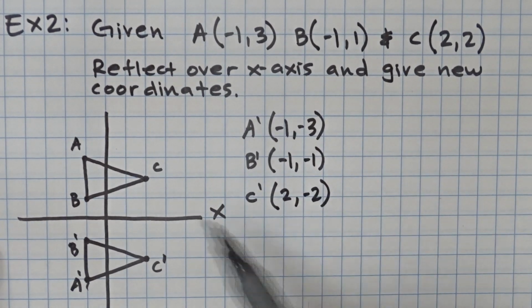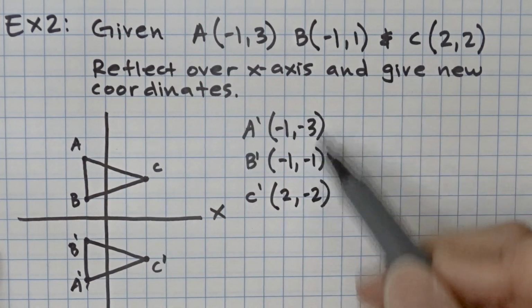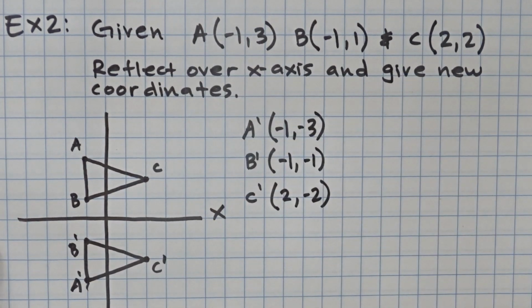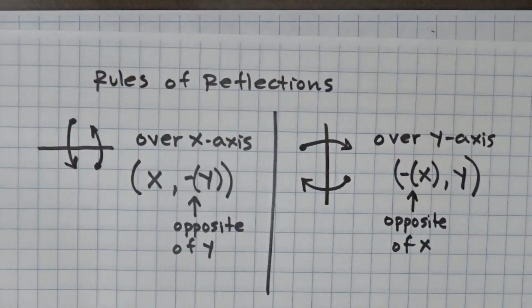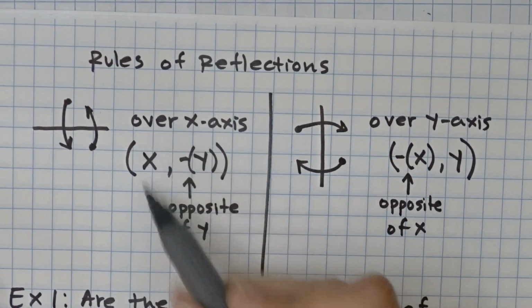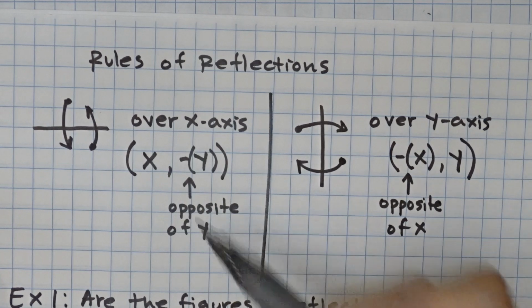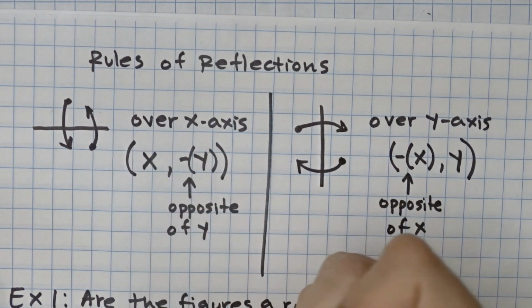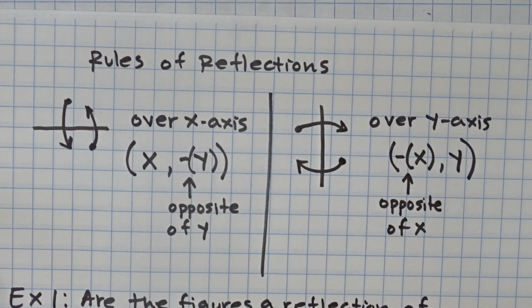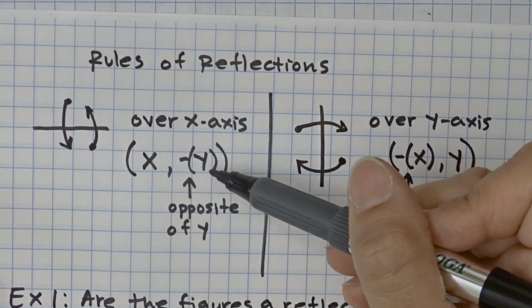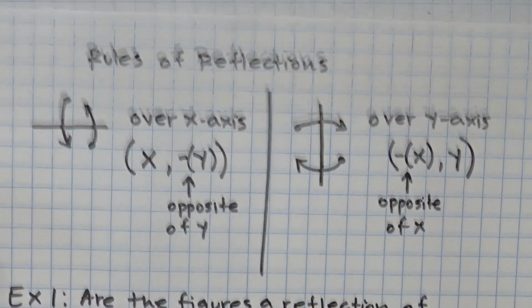Now, had I not had this graph, I could still get these new points from these. How? Because we were doing a reflection over the x-axis. That means I'm only changing my y to its opposite. Simple. Reflecting over the x-axis, all I'm going to do is take my y coordinates and make them opposite.